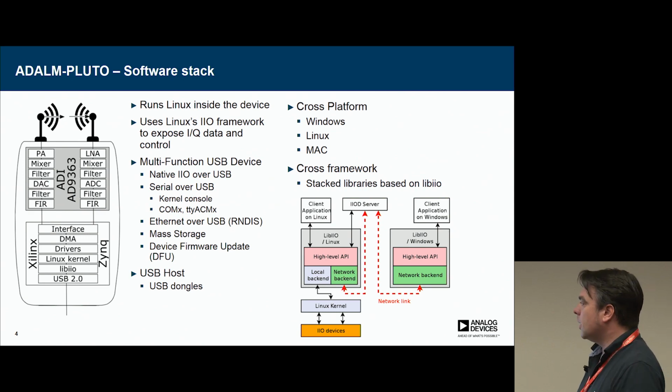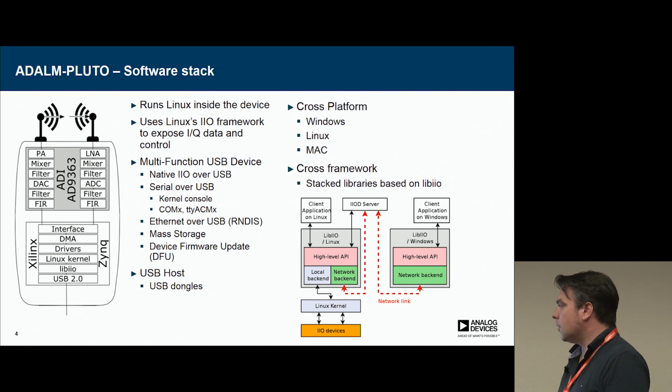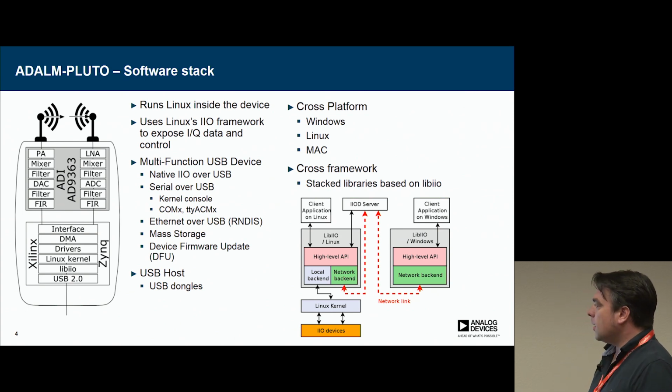On your Linux, it will be some ttyACM. It's actually running a kernel root console on that serial interface. Then it registers a remote network Ethernet adapter, and a mass storage drive for ease of use, firmware updates and upgrades. And if you probe the device, it will enter a device firmware upgrade mode, and you can reflash the firmware.